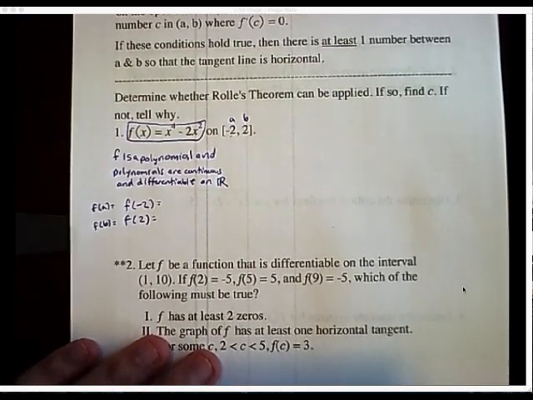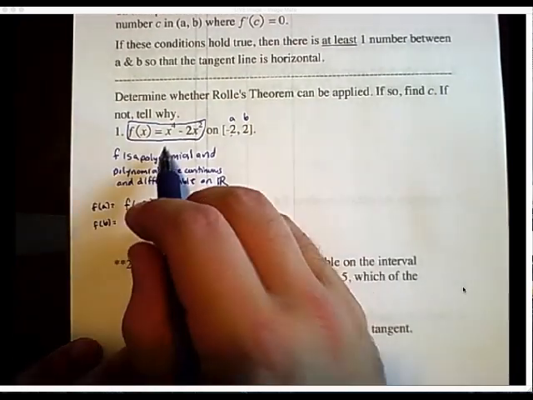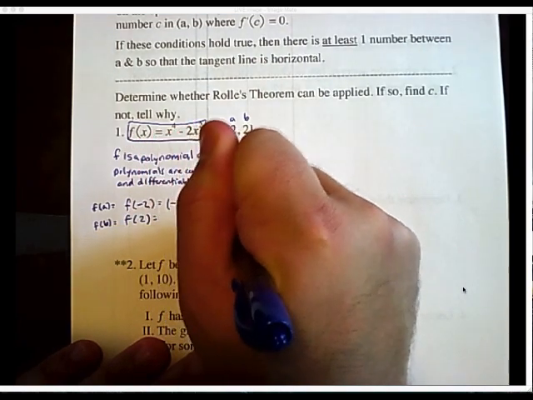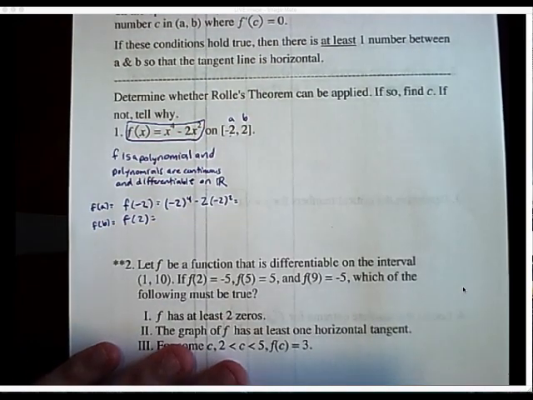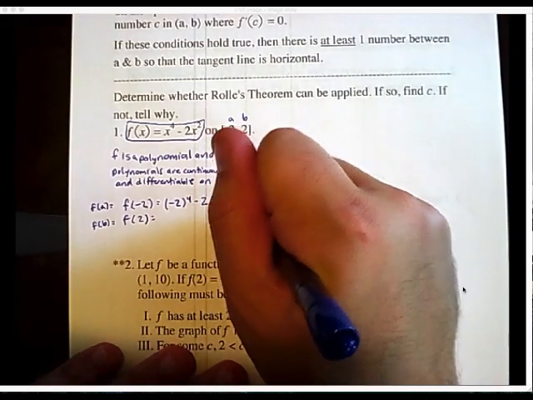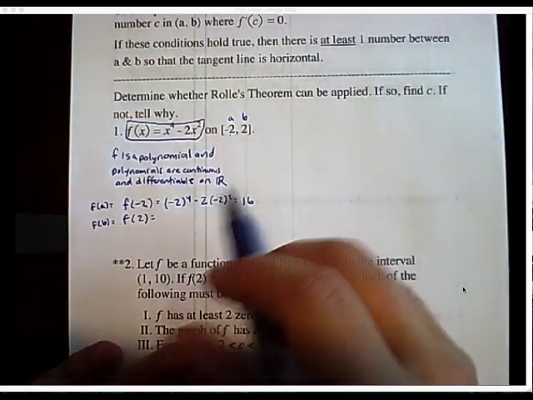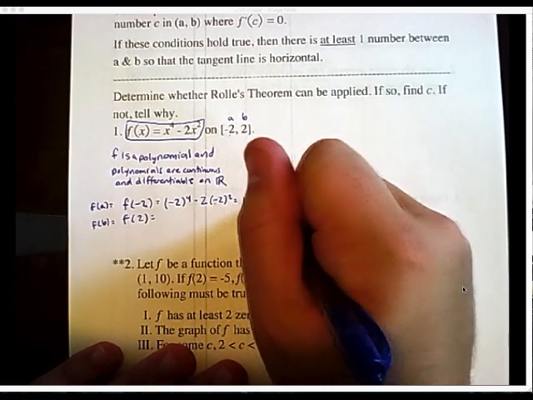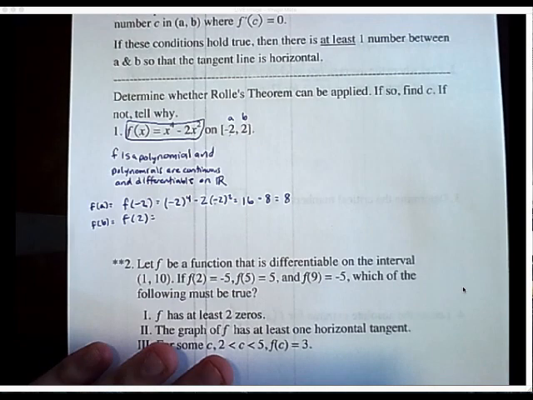So when I plug negative 2 in, negative 2 to the fourth minus 2 times negative 2 squared. Negative 2 to the fourth is positive 16. Negative 2 squared is 4, times negative 2 is negative 8. So that y value is 8.